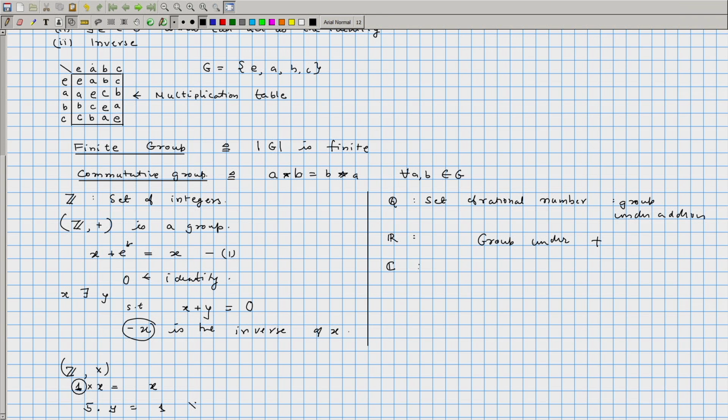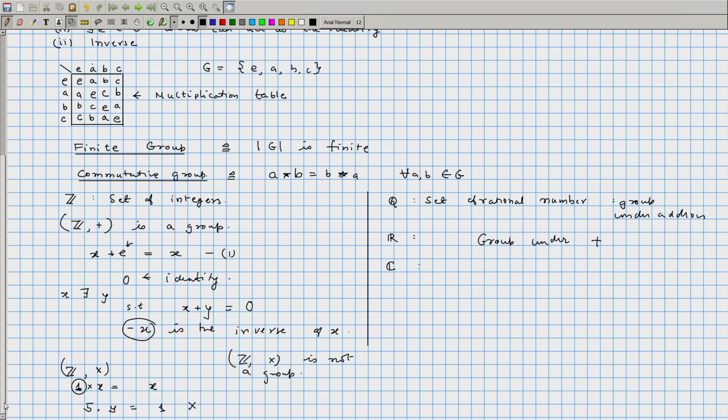So Z under multiplication is not a group, although this was a well defined operation. If you look at Z under division, that also is not a group, because you can't take two arbitrary integers and divide one by the other. In particular, when the number by which you divide is 0, that is not a well defined operation, and therefore that would not be a group.